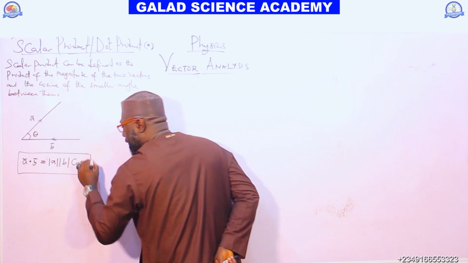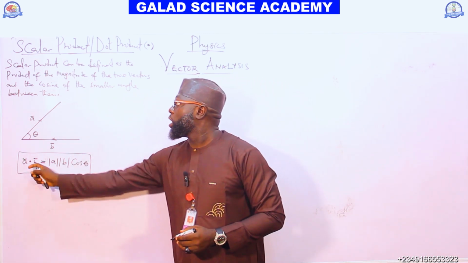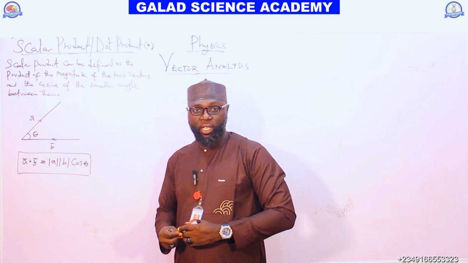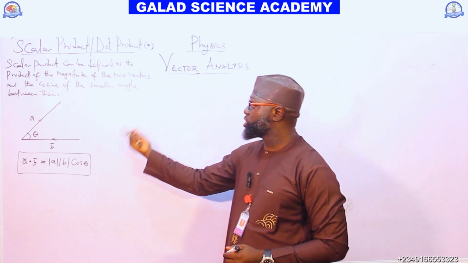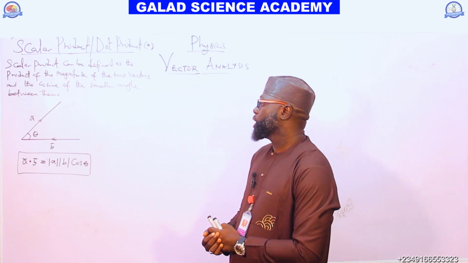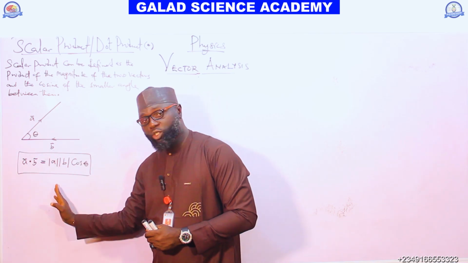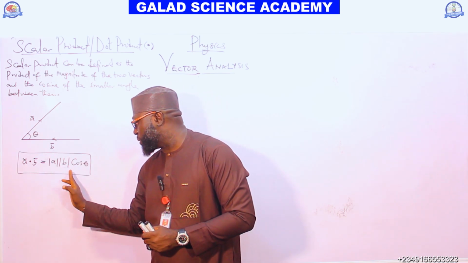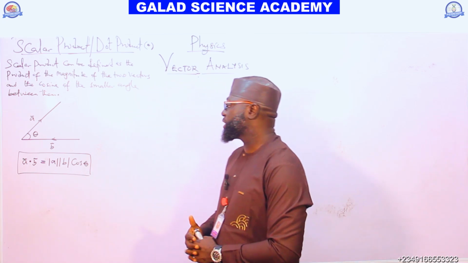This is the formula for scalar product. We can prove it, but the proving is not required here. So we have the scalar product as magnitude of A and magnitude of B, cosine of theta.